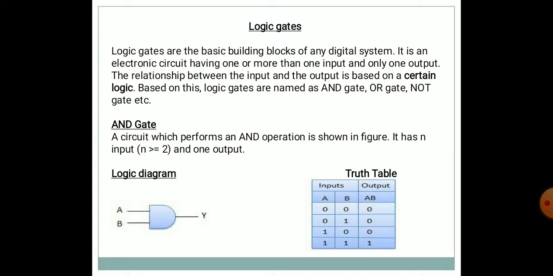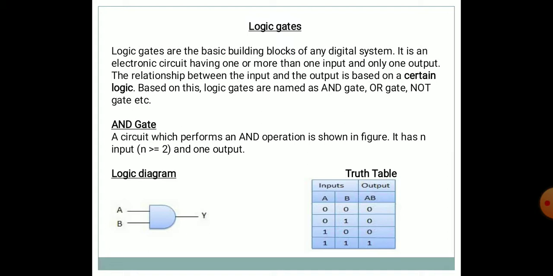AND is a Boolean operation. You know, a Boolean operation results only in a true or false value, that is, either a 1 or a 0 value.